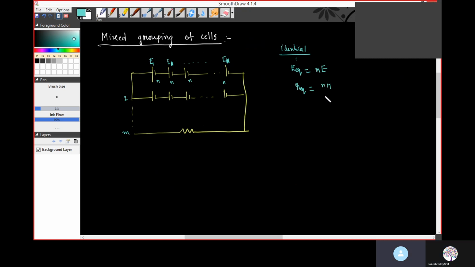Like that M rows are there, and they are in parallel. So NR by M is R equivalent.